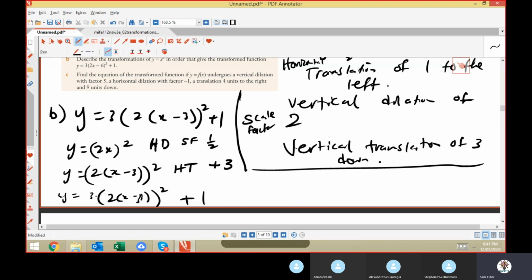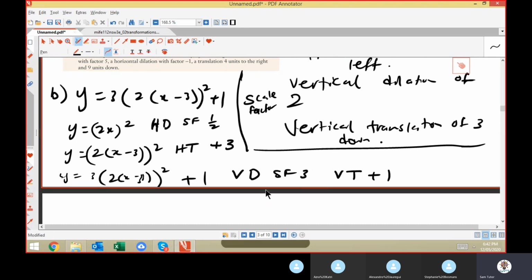So this is multiplied by your x's, which is a vertical dilation of scale factor 3, and then +1 would be a vertical translation of +1. Who agrees and disagrees? Because I could be totally wrong.